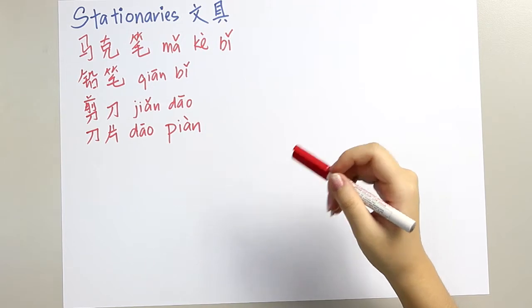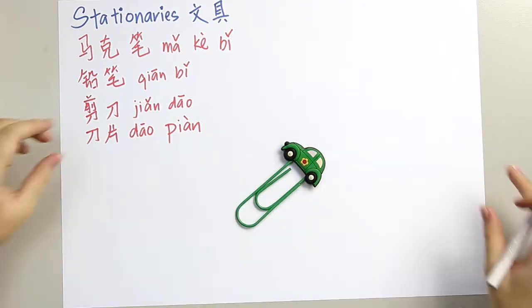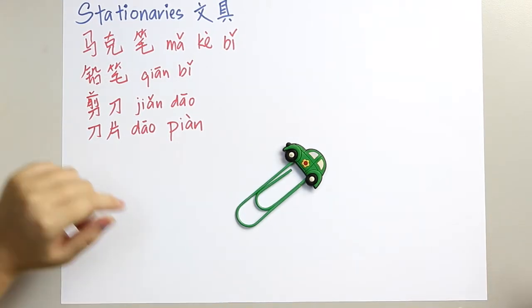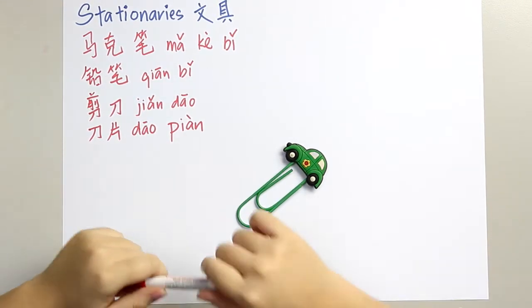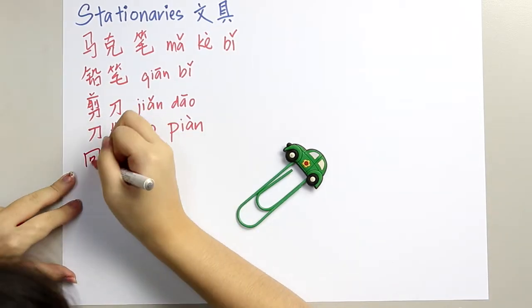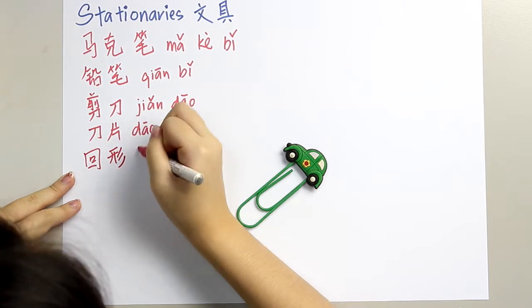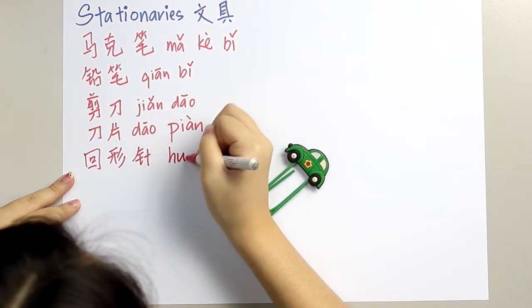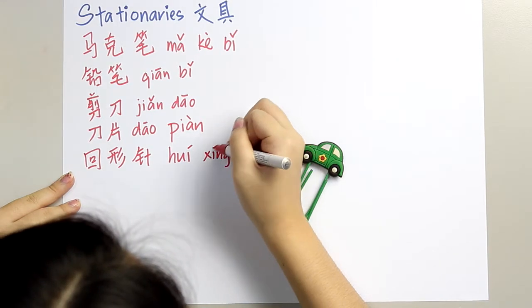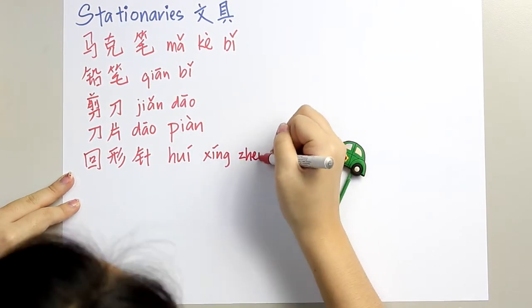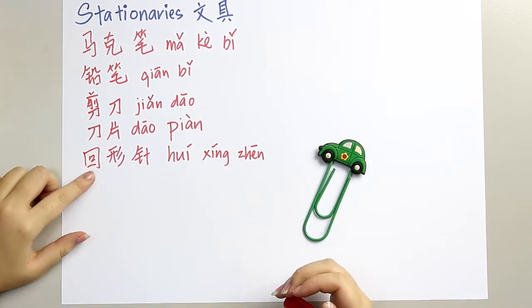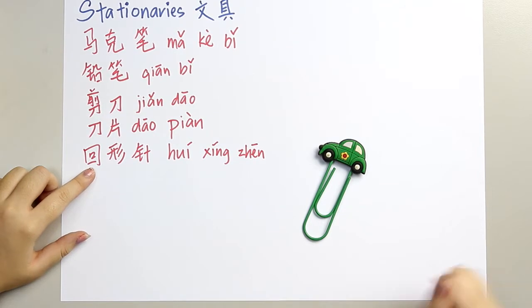Whereas for this, a very cute paper clipper, we call as 回形针. 回 in Chinese means return.